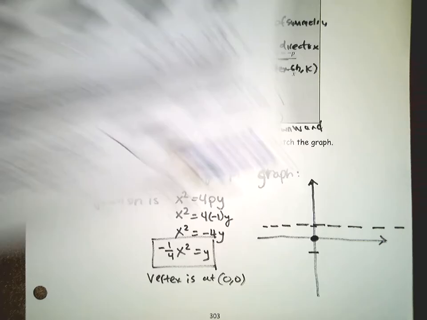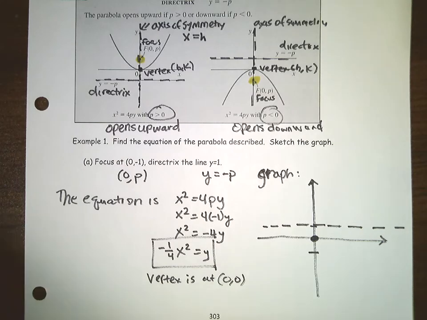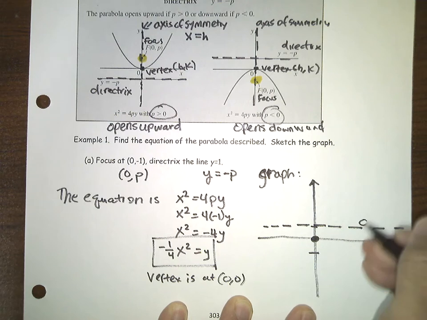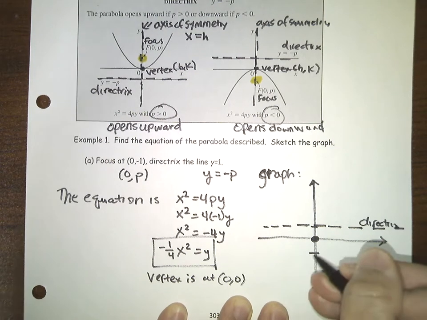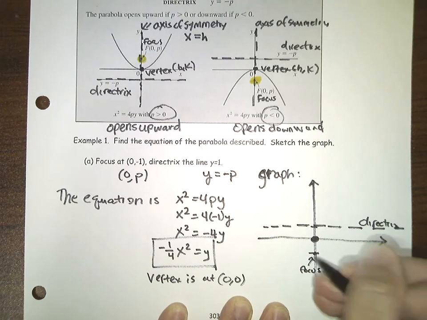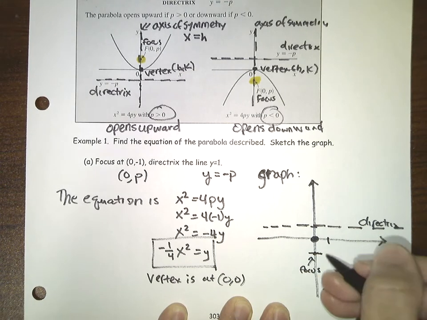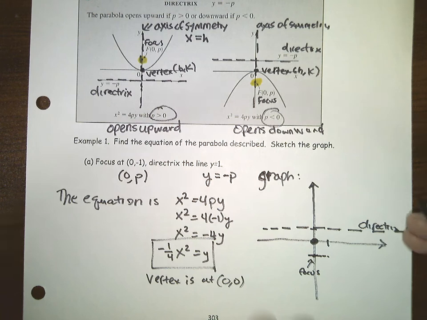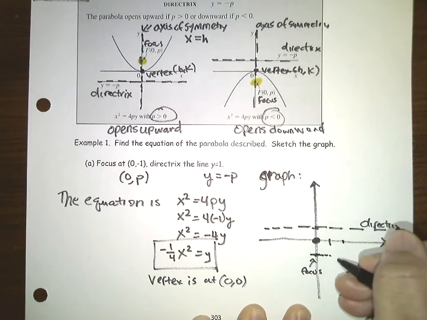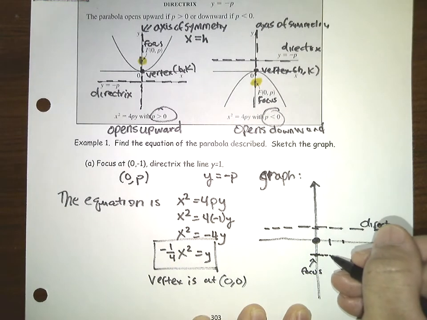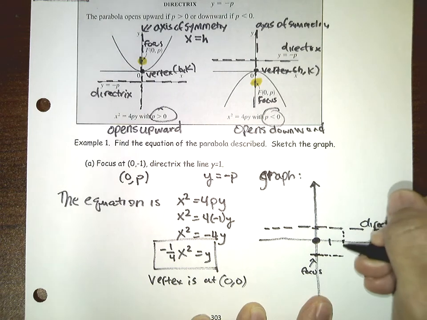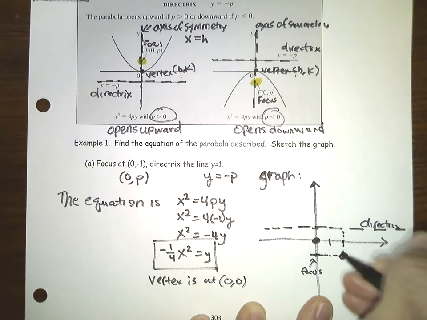So all I need to do is look at this graph and say, all right, here is the directrix, here is the focus. So if I go 2 units away from the focus, and then 2 units up, then I can tell that there has to be a point right here.